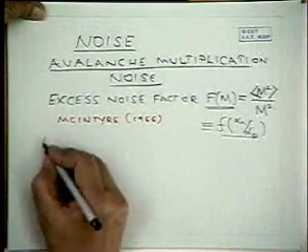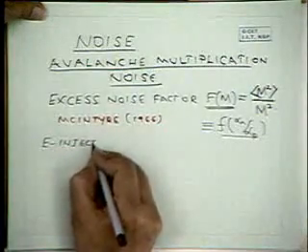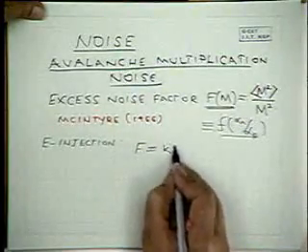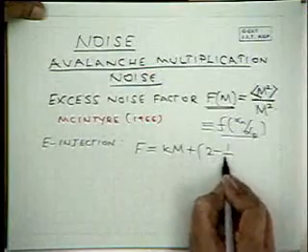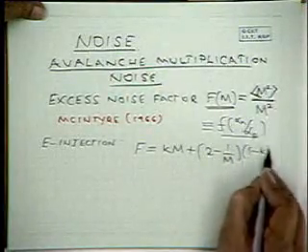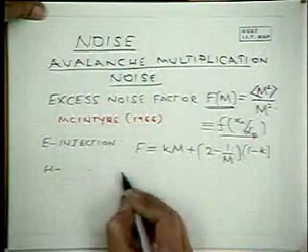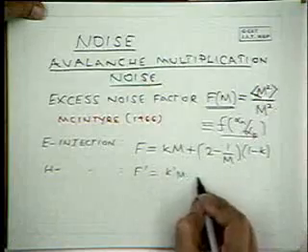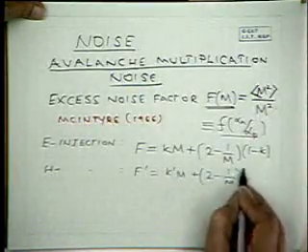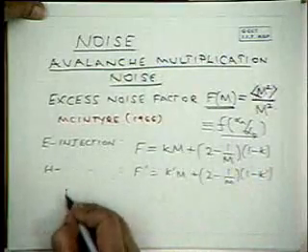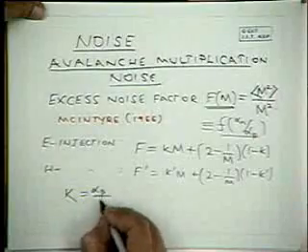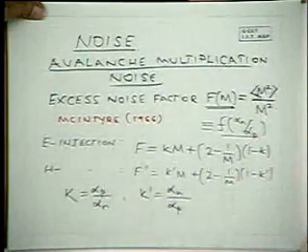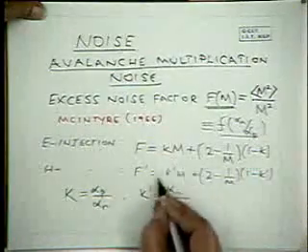In it, he shows that for electron injection, F is equal to km plus (2 minus 1 by m)(1 minus k), whereas for hole injection, F is equal to k'm plus (2 minus 1 by m)(1 minus k'), where k is alpha p by alpha n, and k' is just the reverse, alpha n by alpha p. So k is 1 by k', but for simplicity it's written this way.